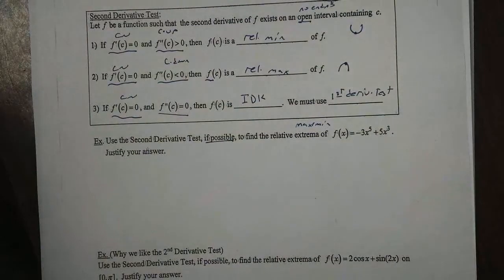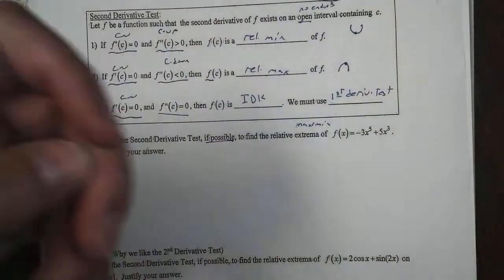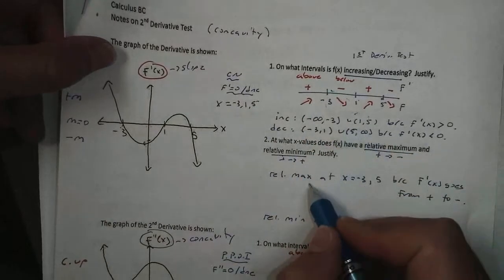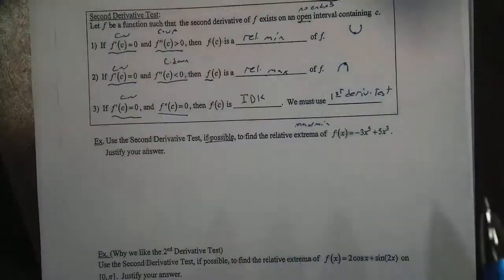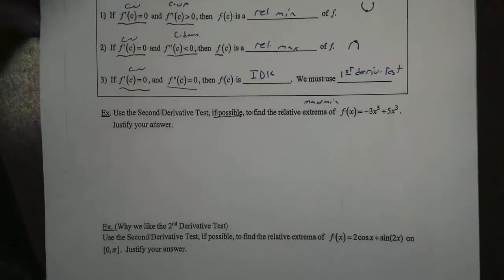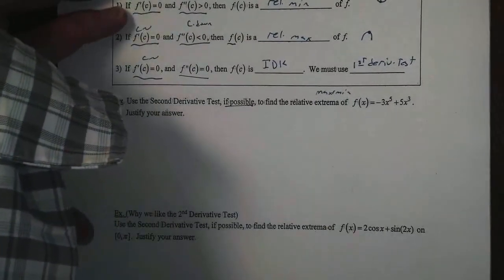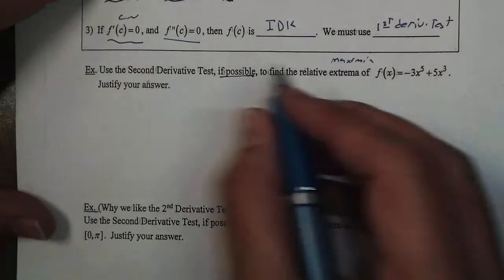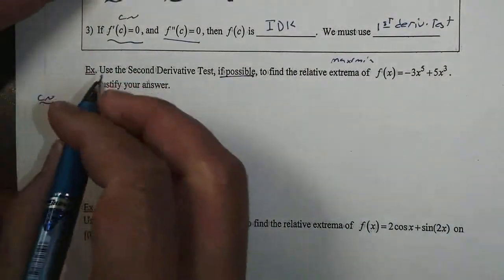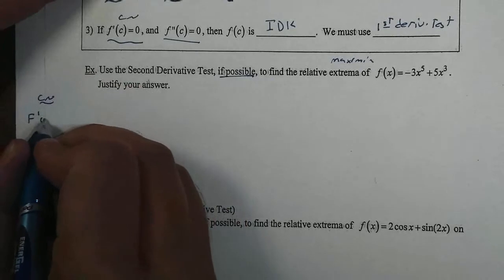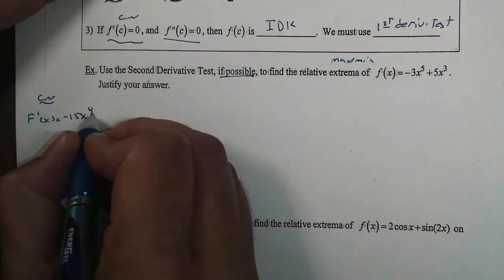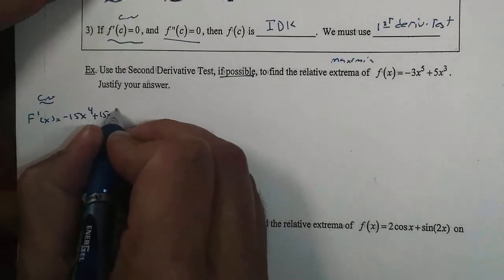For example, in part 1, when we did the sign chart, the first derivative test tells us if we have relative max and min also. So let's take a look here. Our first step, of course, is to find the critical numbers. To do that, we look at the first derivative, which is not too bad: negative 15x to the fourth plus 15x squared.